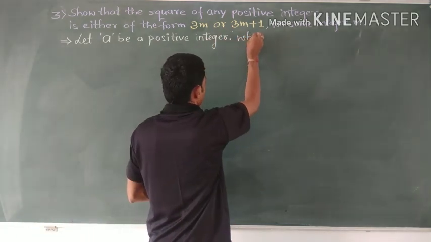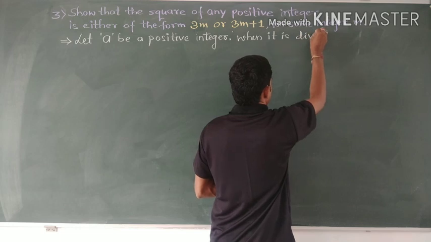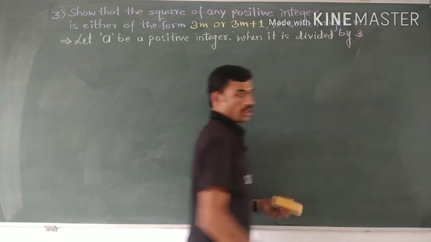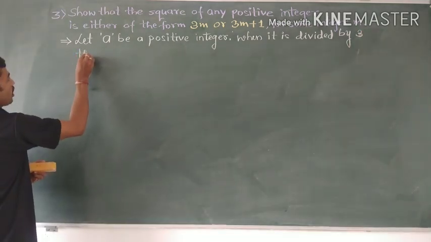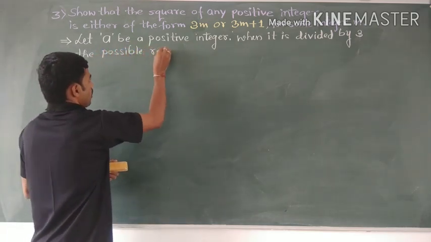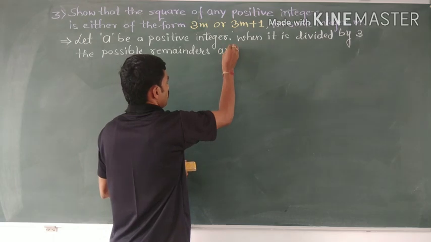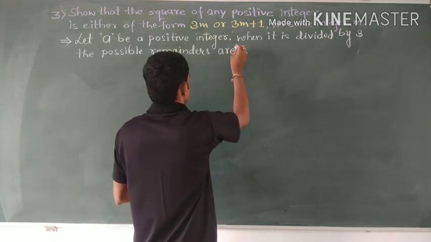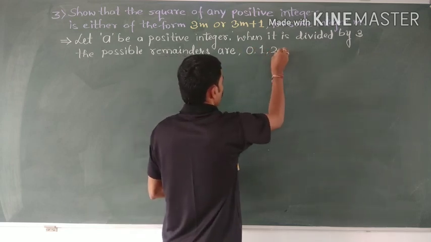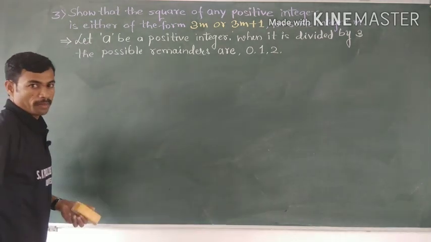When it is divided by 3, the possible remainders are 0, 1 and 2. These are the possible remainders.